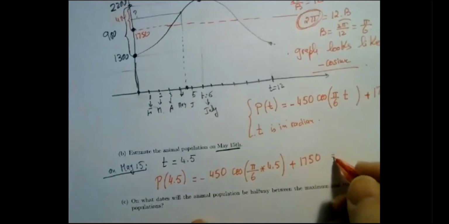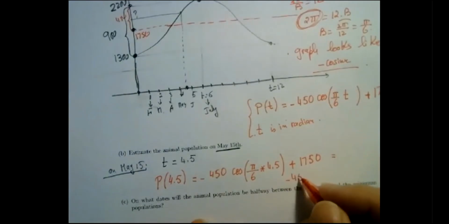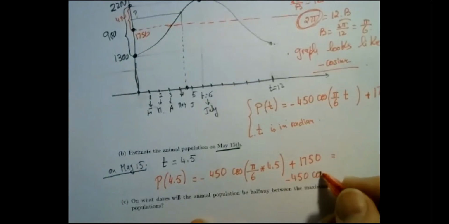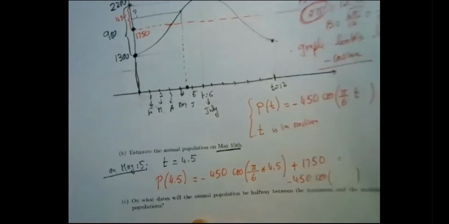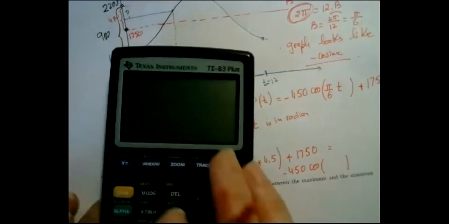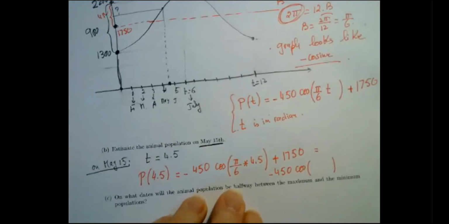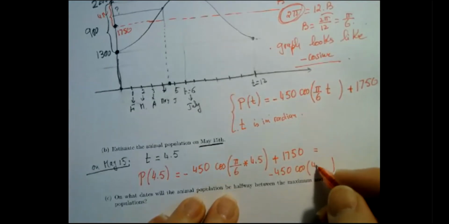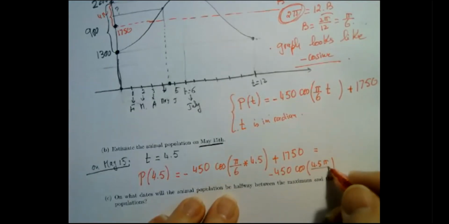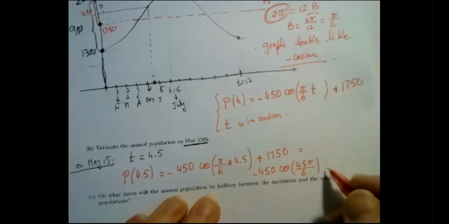So it's equal to minus 450 cosine. My calculator is in radian mode, so if you want, evaluate the inside, which is 4.5 pi over 6, plus 1750.